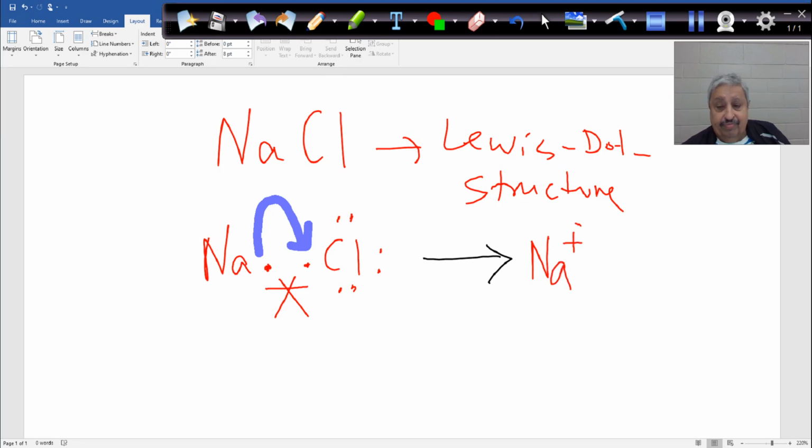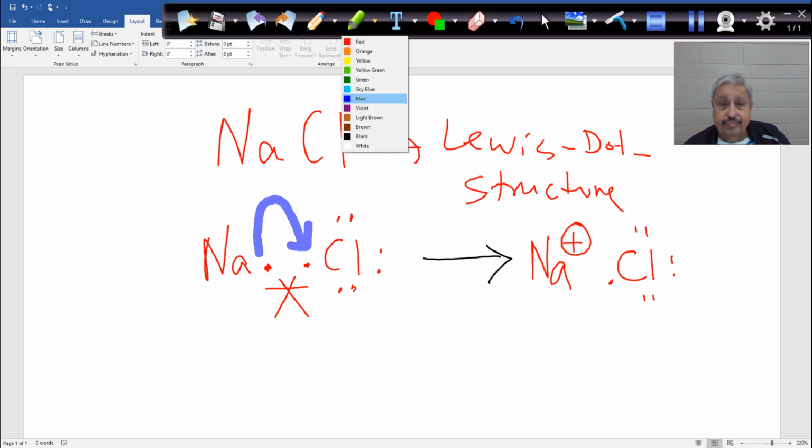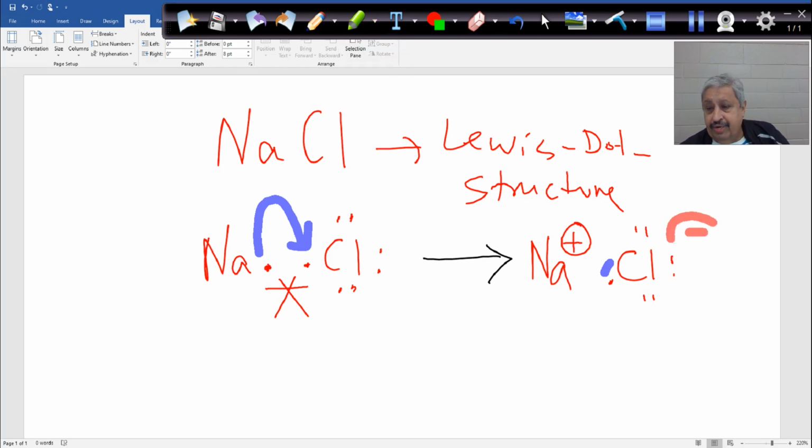It becomes positive, and the chlorine is gaining this electron here. Correct? So therefore, it will appear with 1 negative. See?